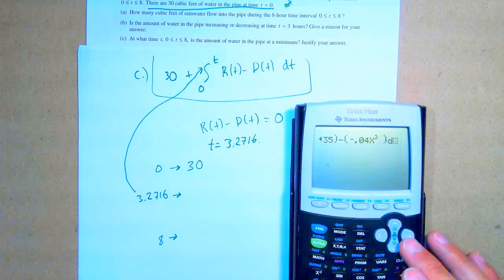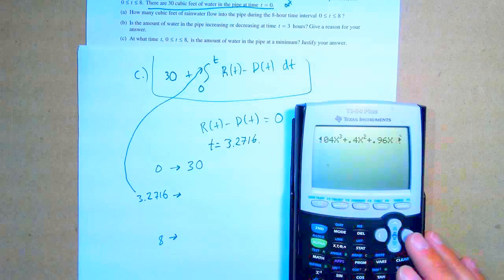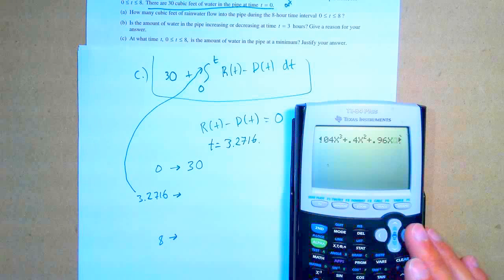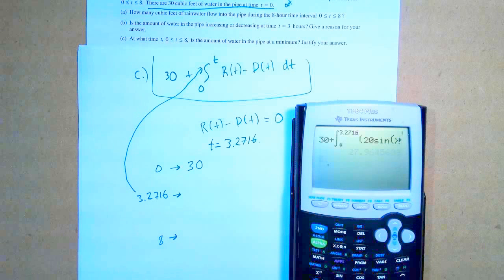Make this a 3, plus 0.4 x squared, finally plus 0.96 x. Okay, and then just make sure you have everything correct, and make sure you put x because it's with respect to x, press enter, and you're going to get a total of 27.964.